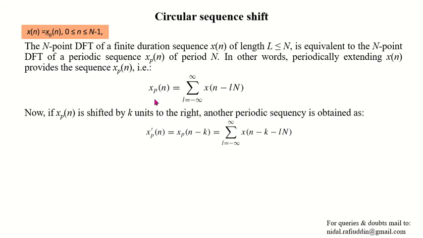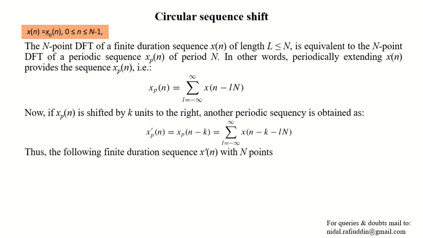So this was a periodic sequence xp(n), and now we obtain a shifted periodic sequence which is shifted by k units. So xp'(n) is equal to xp(n minus k), which is summation l from minus infinity to plus infinity x(n minus k minus lN). So this is the same sequence, which is again shifted by k units towards the right.